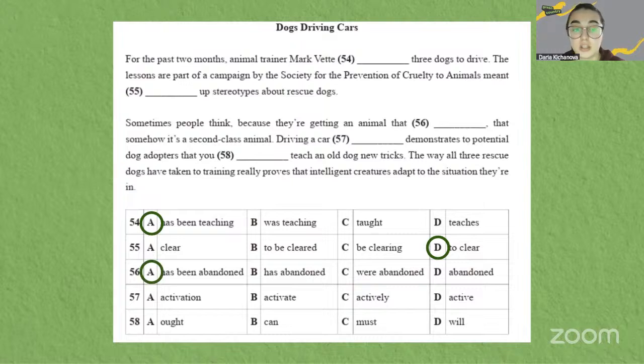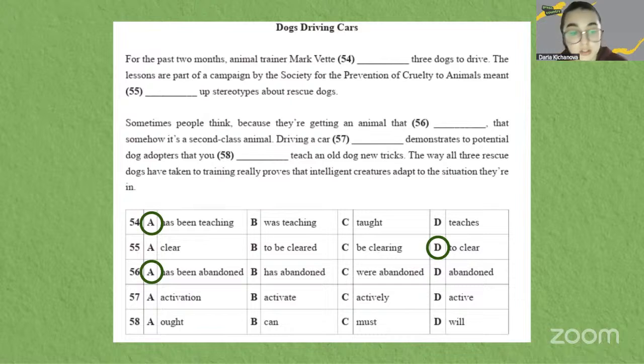So there we need to choose with you A because that happened in the past. Like this animal was left, like has been abandoned for some time, and that was kind of like a result for the present. That's why we need to use has been abandoned instead of, for example, has abandoned, because that animal was left by somebody, not he just left and that's all.